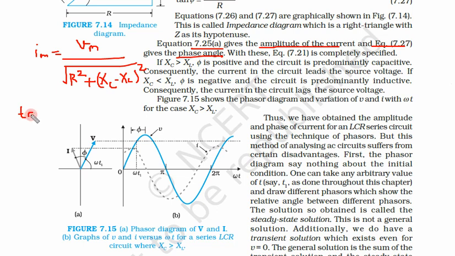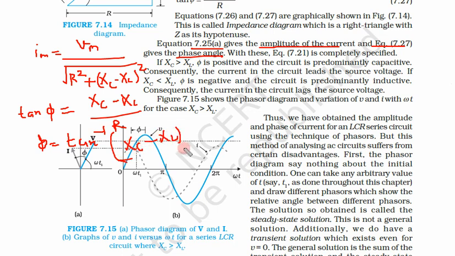Tan phi was Xc minus XL upon R. How can we determine the phase angle? Tan inverse of Xc minus XL upon R. So in this way we can determine the phase angle.